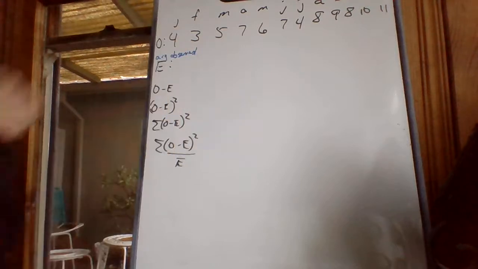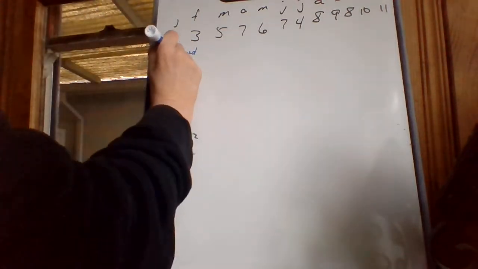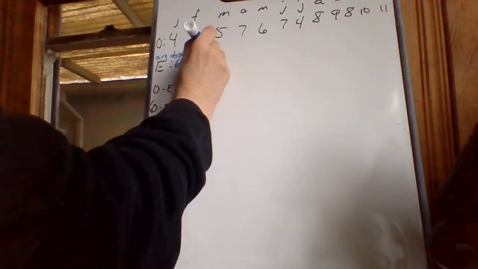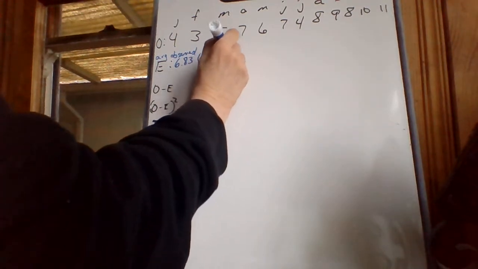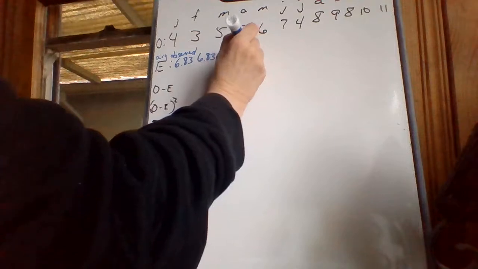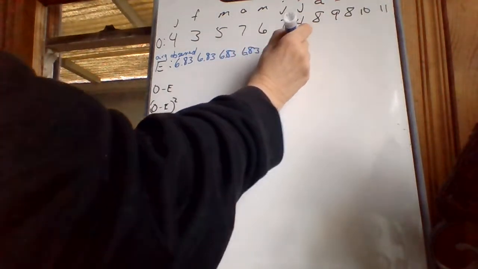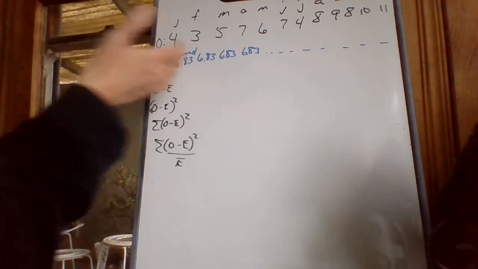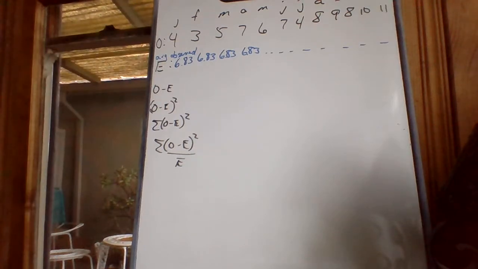So if I average my observed, I get 6.83. And so that's what I expect. Now, there's no month when 6.83 would open, but I'm going to write it down anyway. I'm expecting basically all to be 6s and 7s, mostly 7s, but I'm going to go with the average right there.